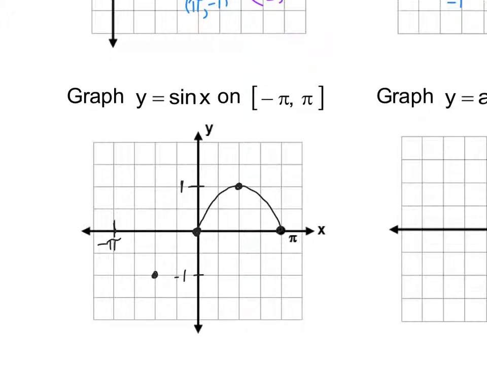So I'm going to follow the same trend, but in the opposite direction. And again, you have the luxury of using a calculator here. If you look at this and say, I have no idea what this graph looks like, your calculator does. So sine of x, window negative pi to pi.